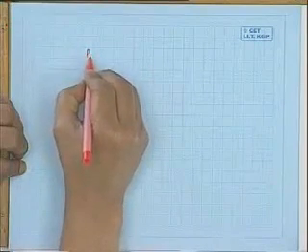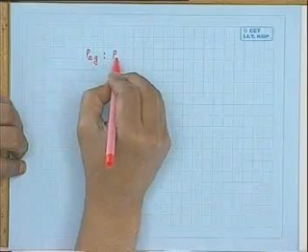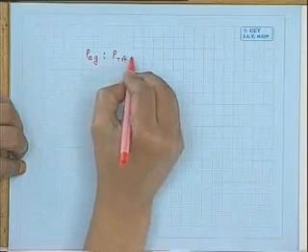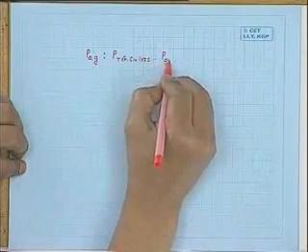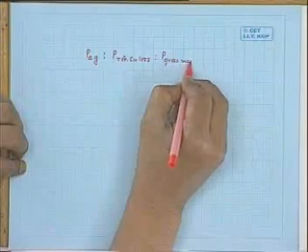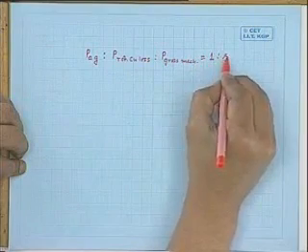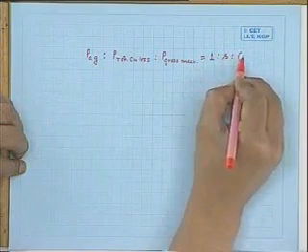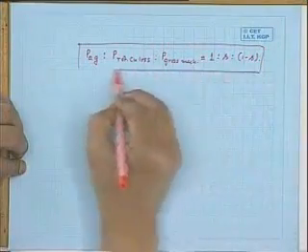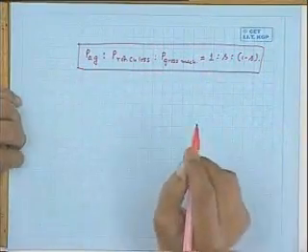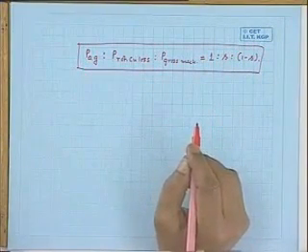What I want to tell is that air gap power, rotor copper loss and gross mechanical power will be in the ratio of, if air gap power is 1, rotor copper loss will be S times of this one, and gross mechanical power will obviously be 1 minus S. This you should remember. In that ratio it comes.